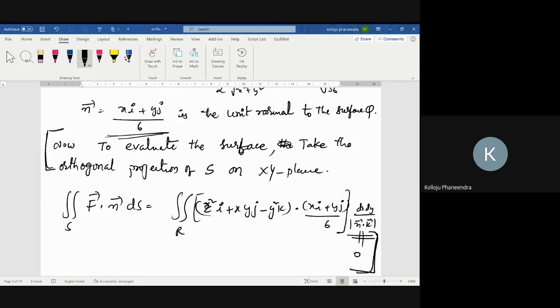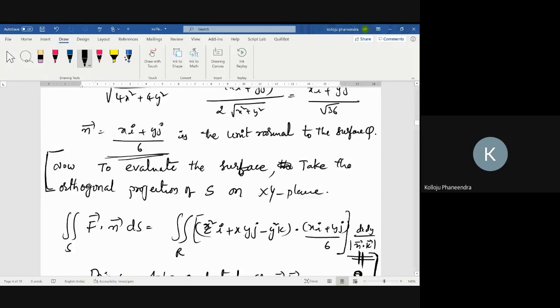If I take the xy plane, n bar dot k bar becomes 0, so the entire integral cannot be evaluated. Therefore, taking the projection on the xy plane is wrong.